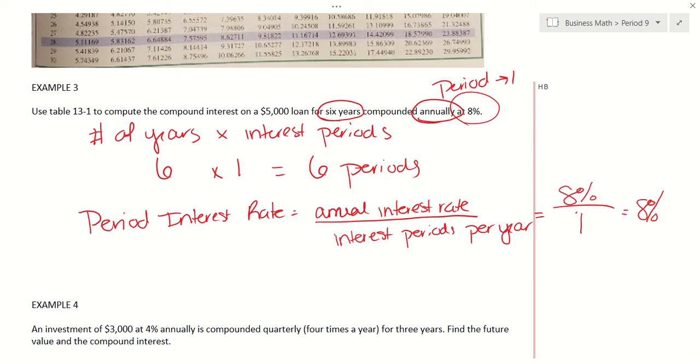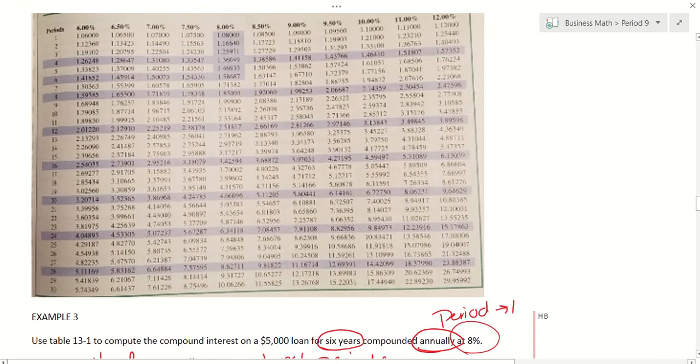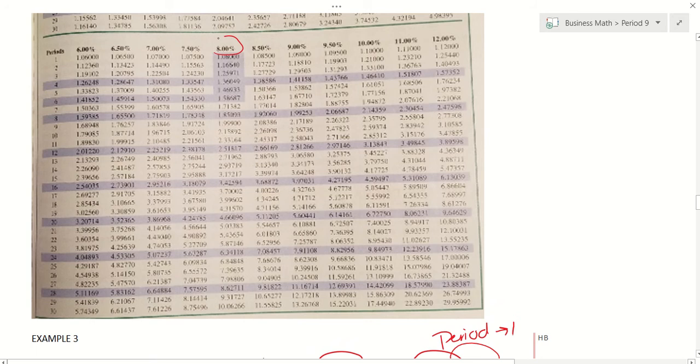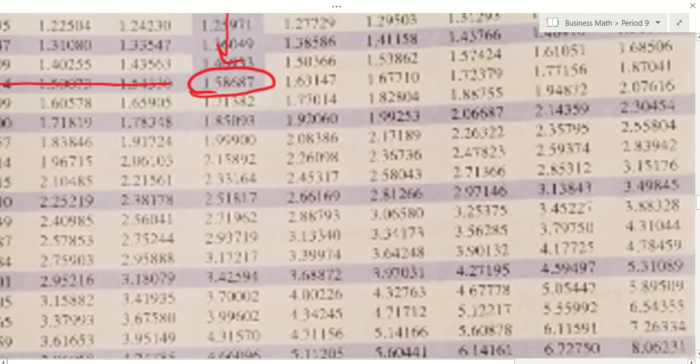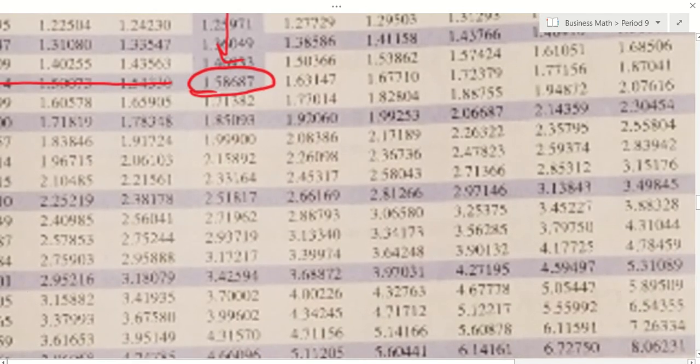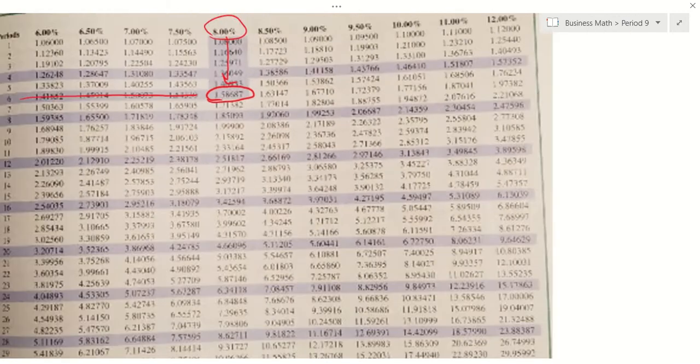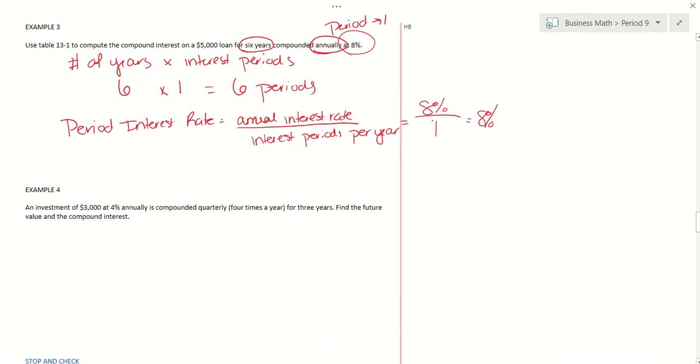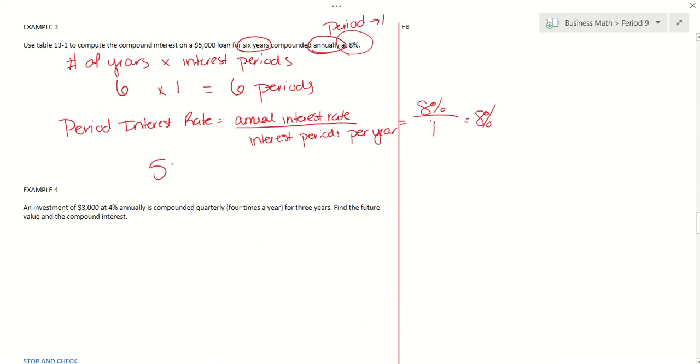So now we go to table 13.1. We have a rate of 8% and 6 periods. So I'm going to go to 8%, which is right here, and I'm going to go down 6. So right here, 6. If I go across and down, this is my number. Lovely to read, right? So I'm seeing 1.58687. How does this work? Well, that number, you multiply your principal by it.